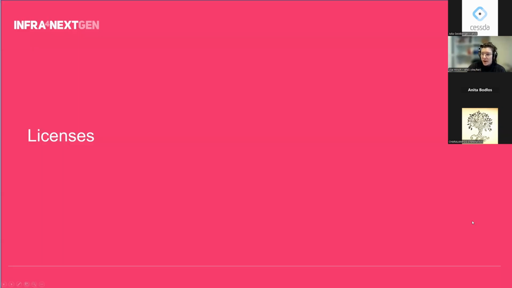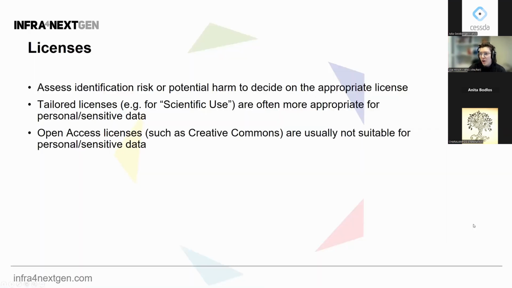And I already mentioned licenses before. So licenses are the third way of managing how to share data. There are appropriate licenses depending on the identification risk or the potential harm to respondents.